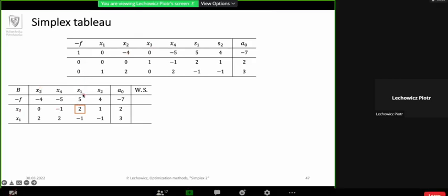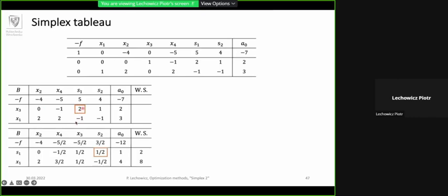Let us select the S1 variable and let us introduce it into the base. So we are selecting a row for which we have a positive coefficient. So this is this row. And we are making a pivot on this row. So we are introducing S1 instead of X3 to the base.